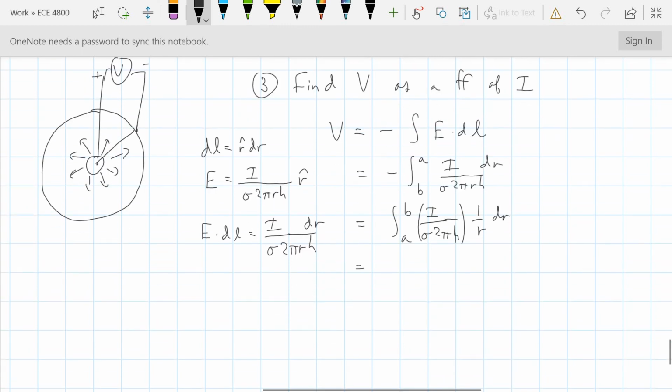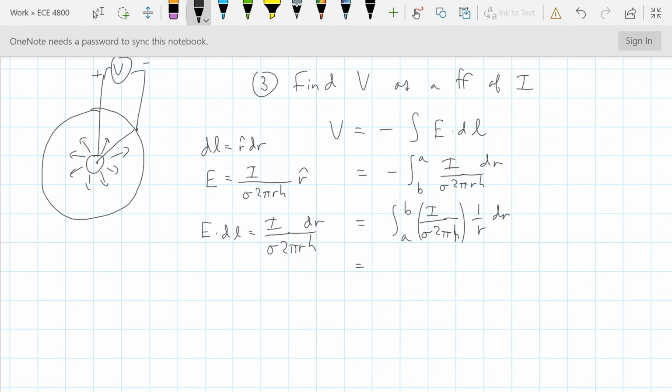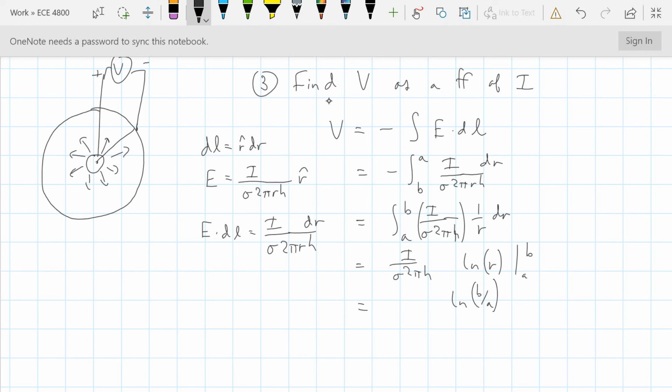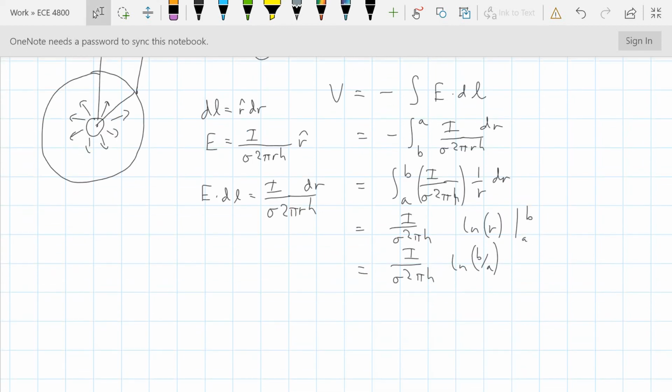What's the integral of 1 over R? ln of R from A to B, times I over sigma times 2 pi H, and this just becomes ln of B over A times I over sigma 2 pi H. This is voltage as a function of the current.